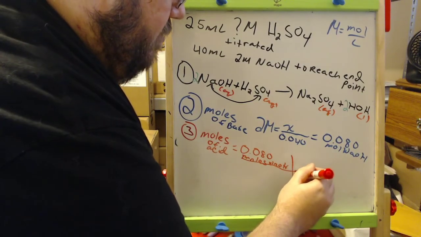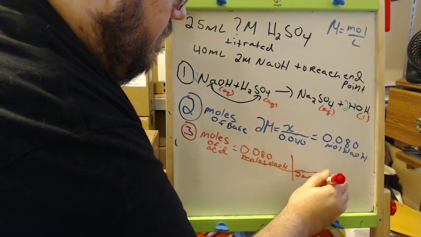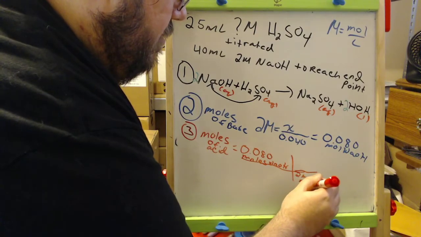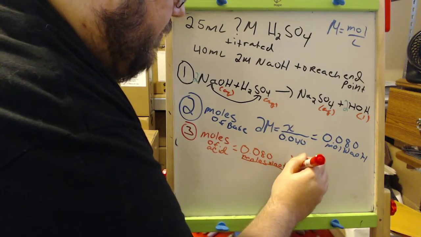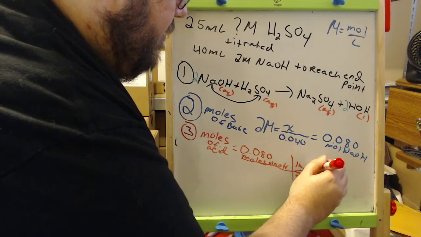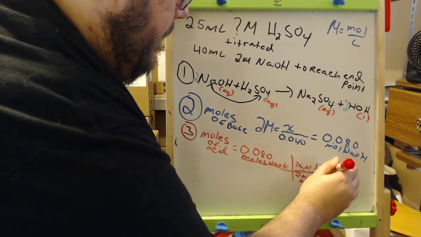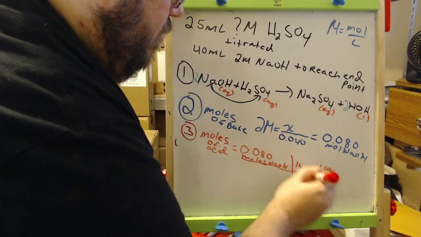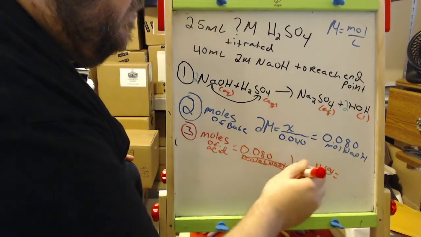So for every 2 moles of NaOH, it reacts with 1 mole of H2SO4. Moles of NaOH cancel out. Do the math.